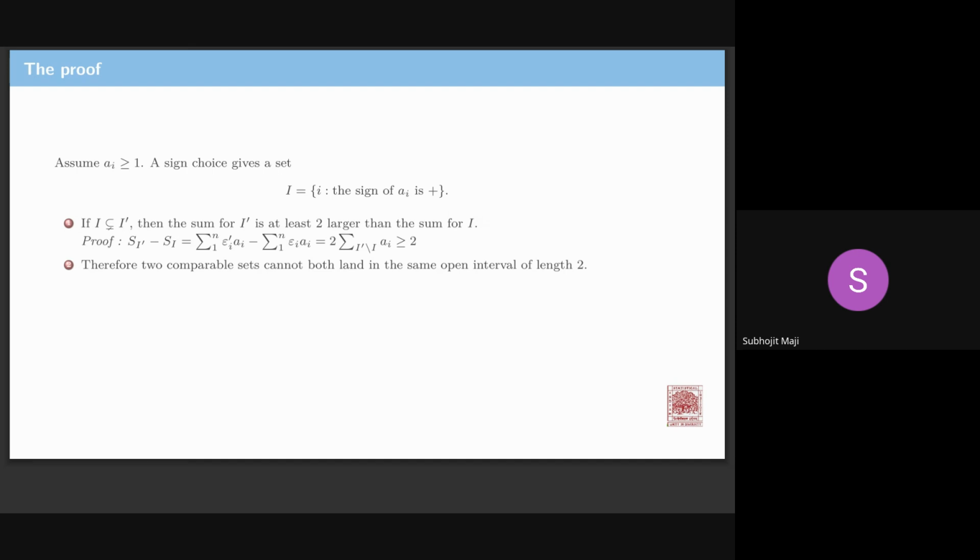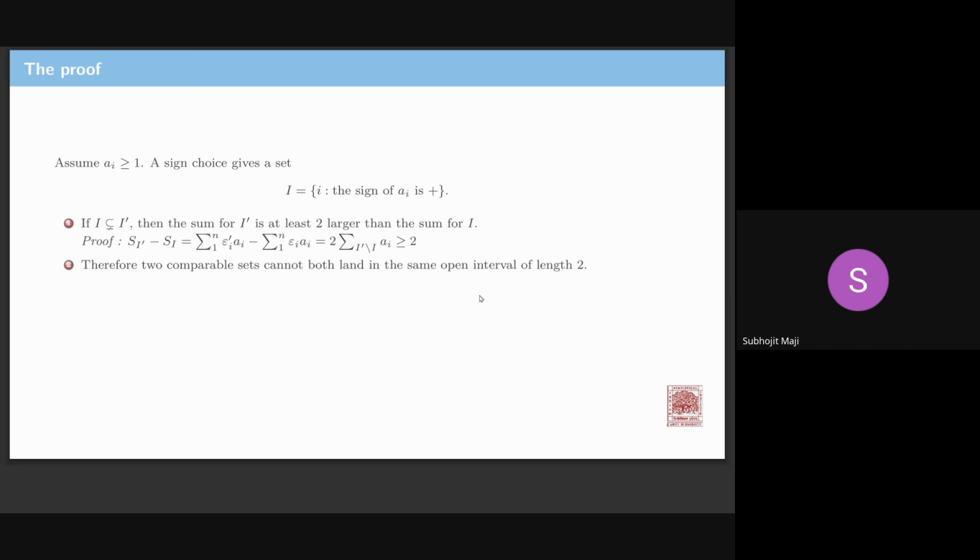Okay, what is the epsilon here? The epsilon here is the signs that you get, that is, either plus one or minus one. Is it clear now?